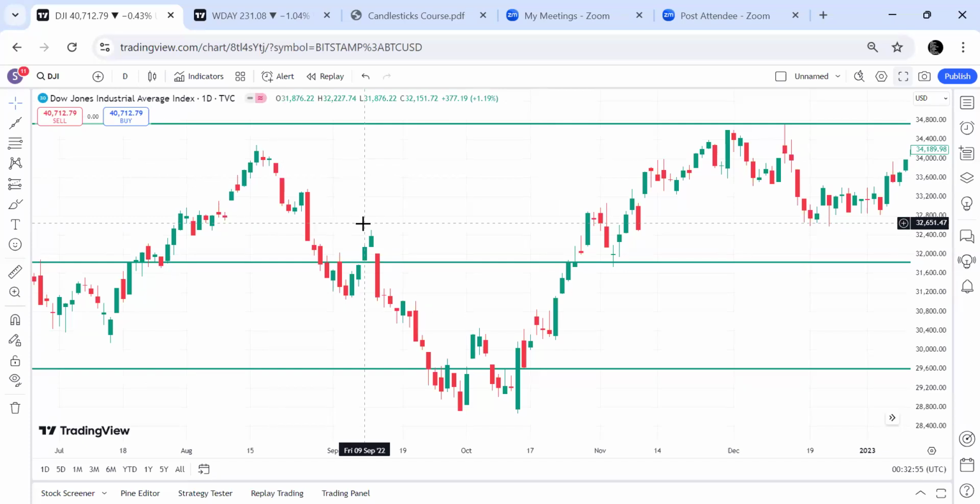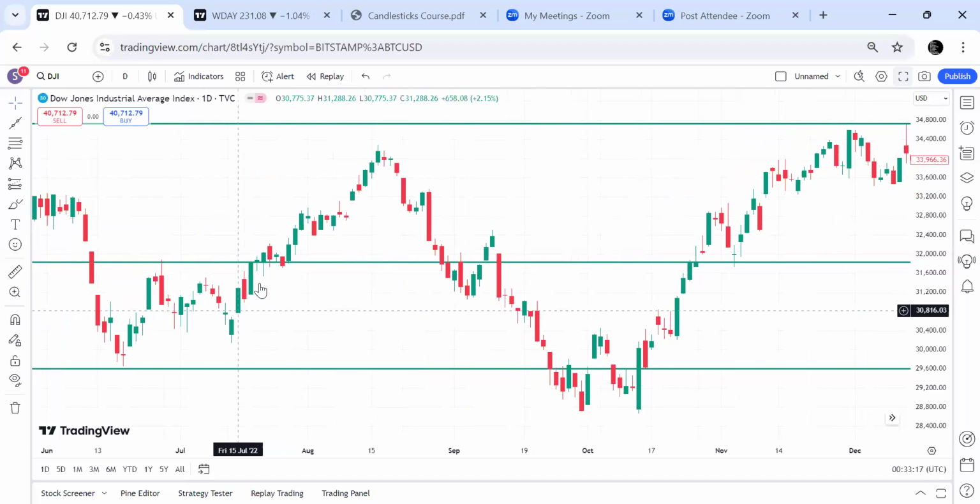What will happen when it forms when the market is up and there is a resistance level? What will happen if the bullish Marubozu forms when the market is down? And what will happen if it forms when the market is down and there is a support level?